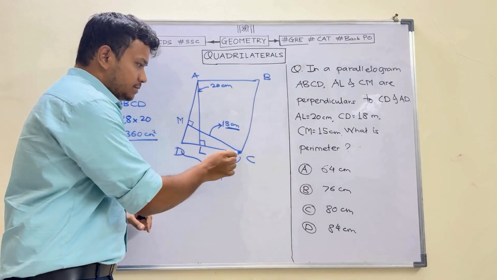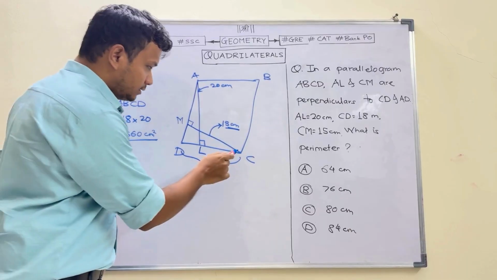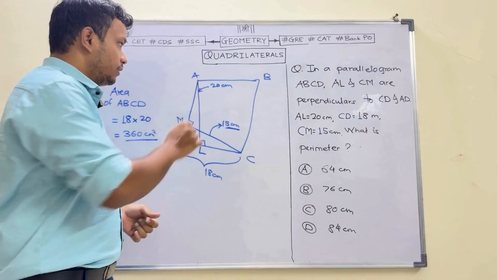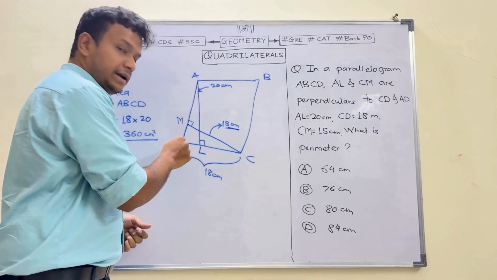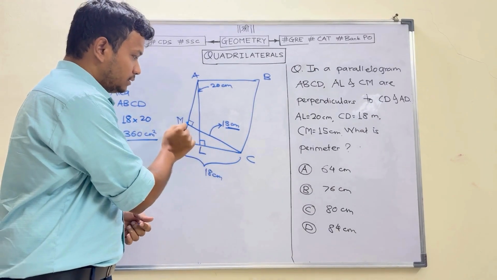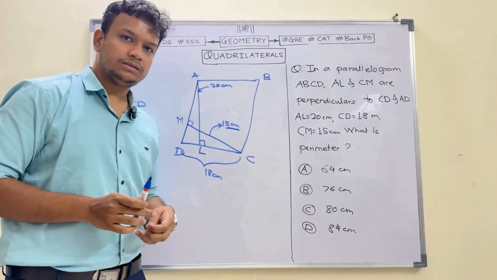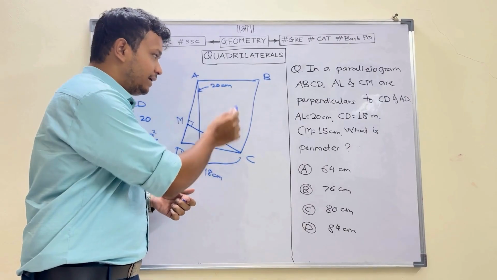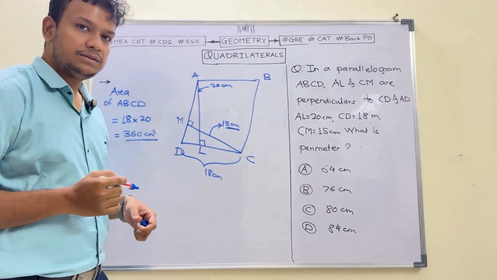So if you see this parallelogram, we can see another perpendicular to one of the sides, correct? CM. We can consider AD as a base as well, and we have the length of the perpendicular drawn to that base, 15 centimeters. So I can put the area in those terms as well, considering AD as my base, right?